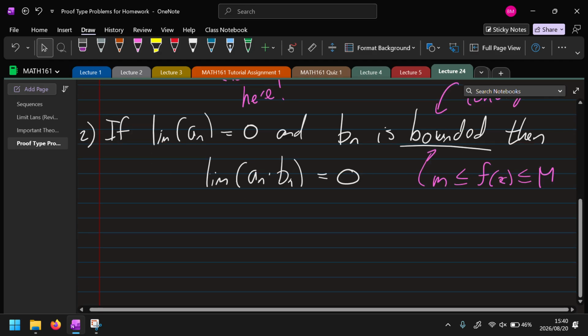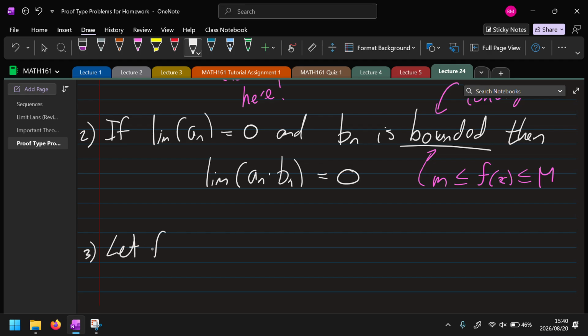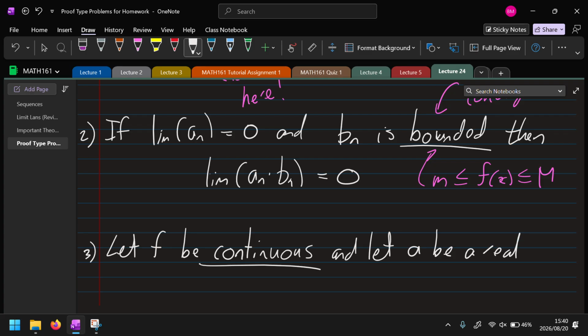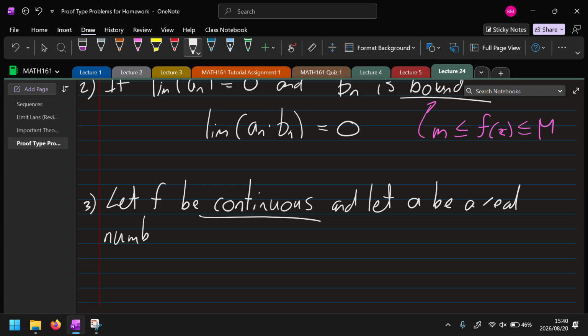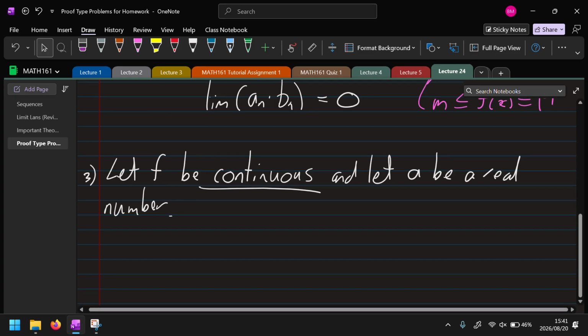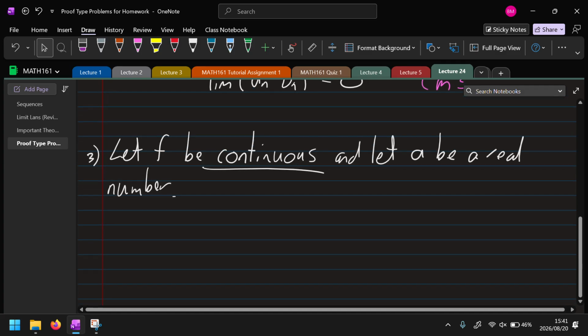And then number 3 for homework. Let f be continuous. Okay, we know what that means. And let a be a real number. Any number, a is free to be anything. Then we define the following sequence.